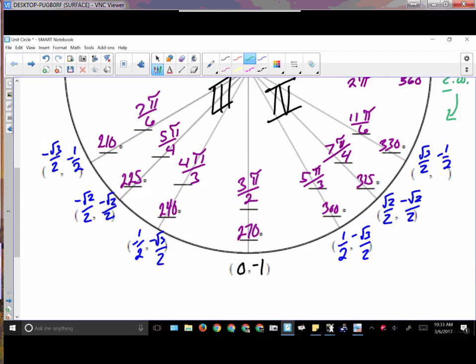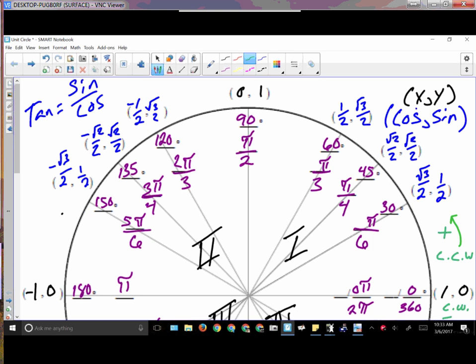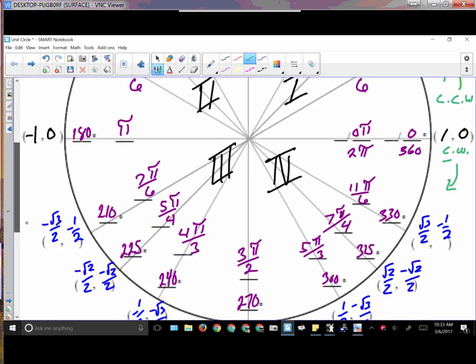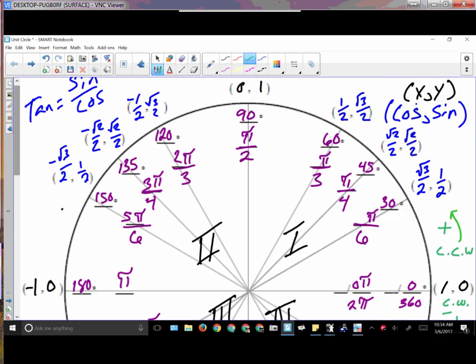Now, what was the period for tangent? I gave you the answer, it was pi. So if I take a look up over here and go back a full pi, which is just going to be 4 pi over 4, I get pi over 4, which is 2 pi over 2 pi, which is what? 1.